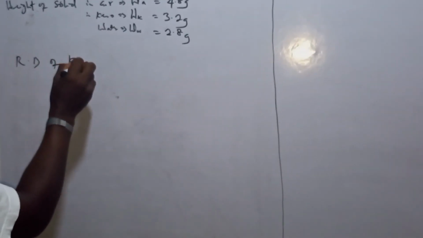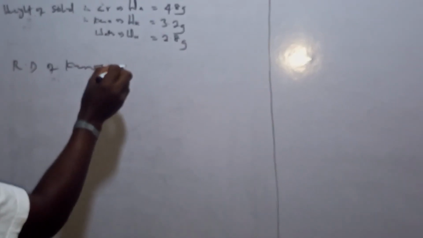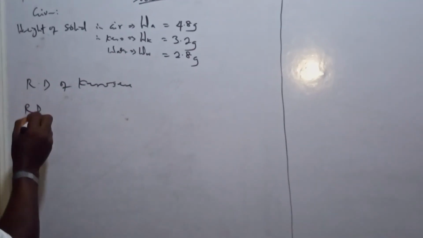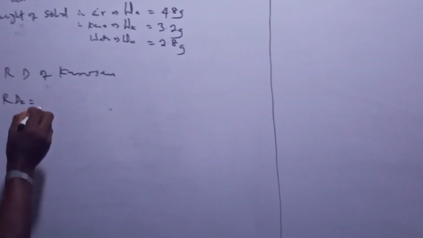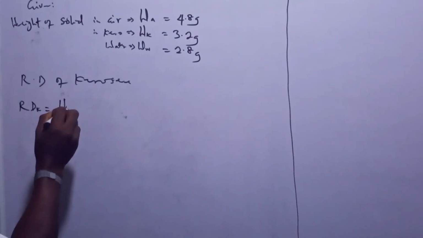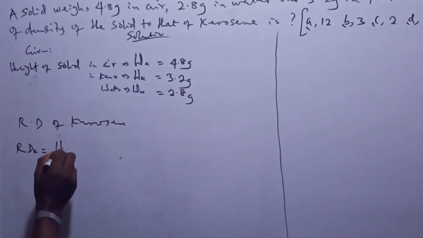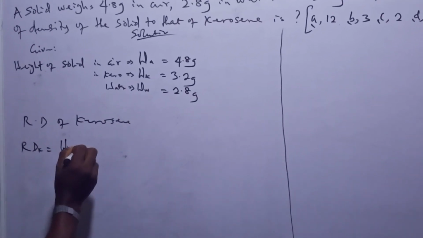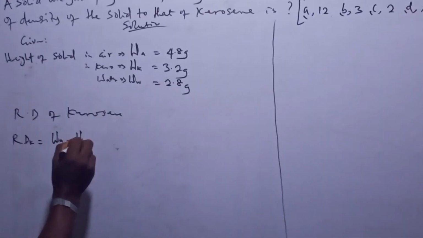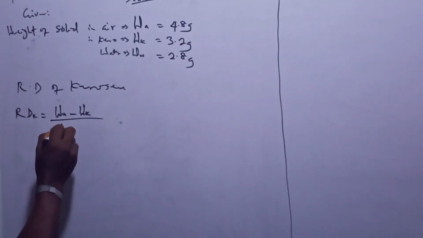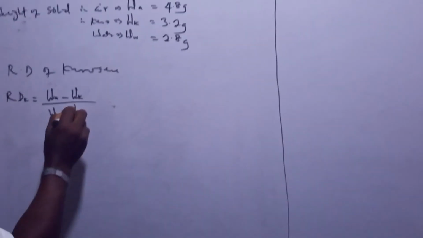Now we have relative density of kerosene, which is equal to the weight of solid in air minus weight in kerosene, divided by weight in air minus weight in water.